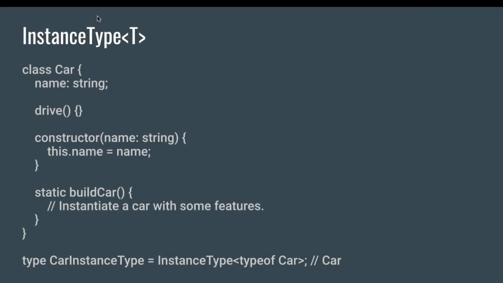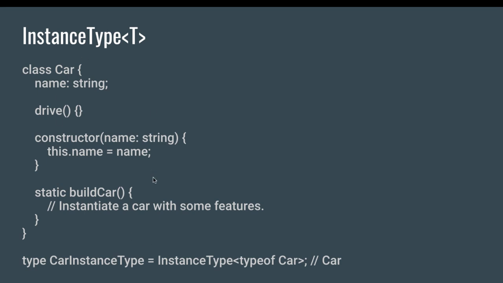Let's talk about the InstanceType. It takes one type parameter T, which should be the type of the static side of a class. We have a simple class Car with public property name, public method drive, a simple constructor, and a static method called buildCar. Next, we try to extract the instance type out of the class Car.